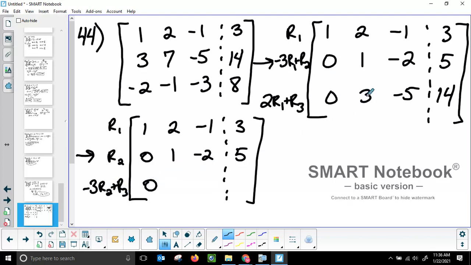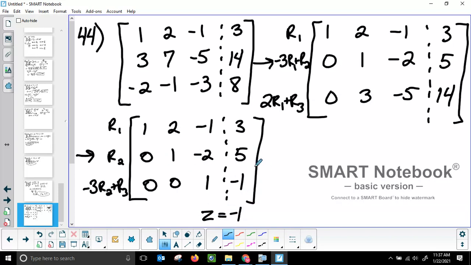So here's still 0. Now -3 plus 3 is 0. +6 plus -5 is 1. And -15 plus 14 is -1. All right, now this is in row echelon form. And if we think of this in terms of our system, right, this tells me that z equals -1.